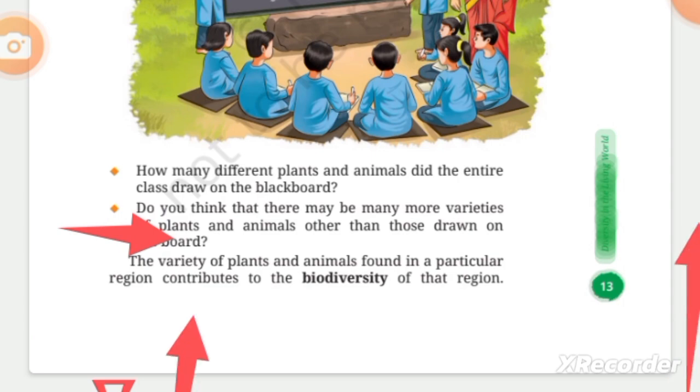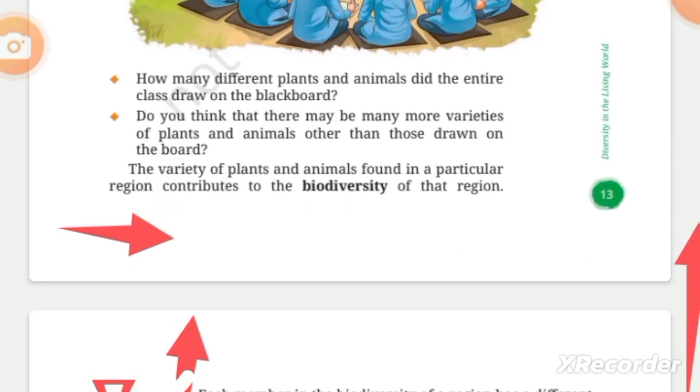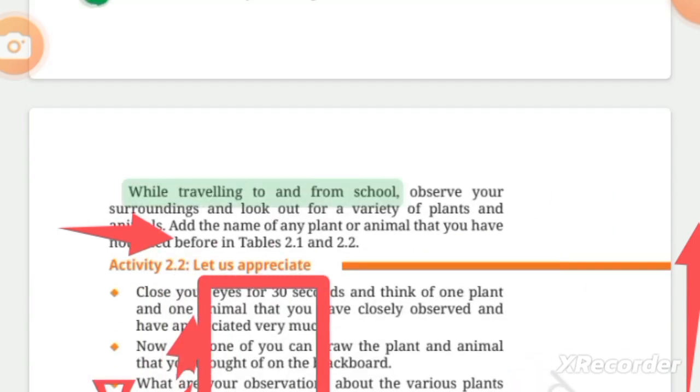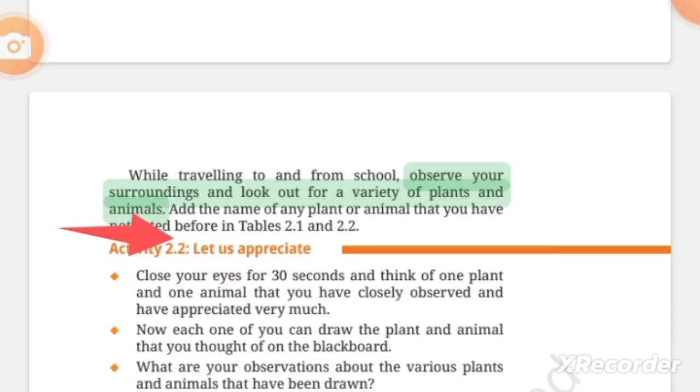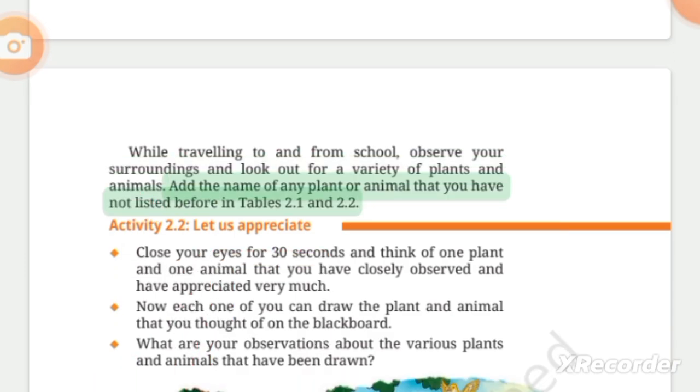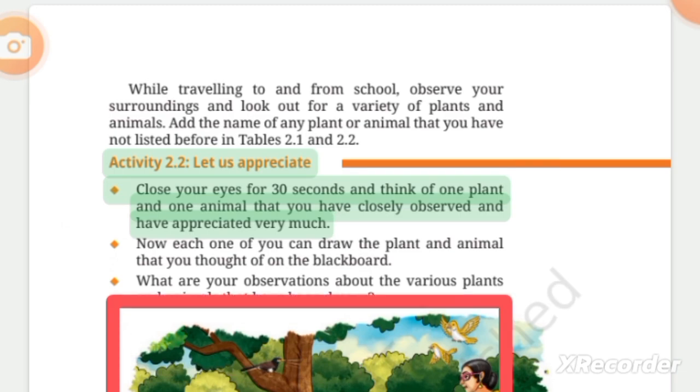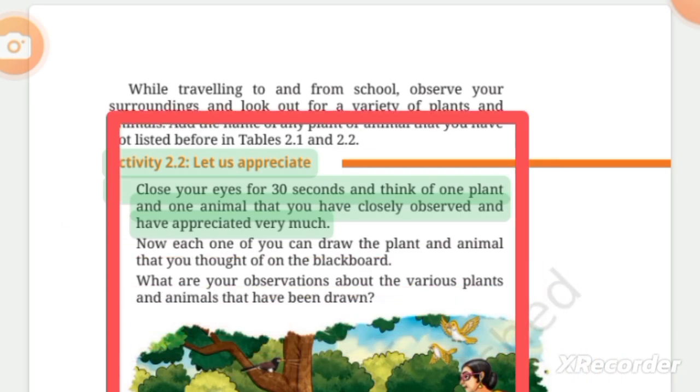While traveling to and from school, observe your surroundings and look out for a variety of plants and animals. Add the name of any plant or animal that you have not listed before in tables 2.1 and 2.2. Activity 2.2. Let us appreciate.